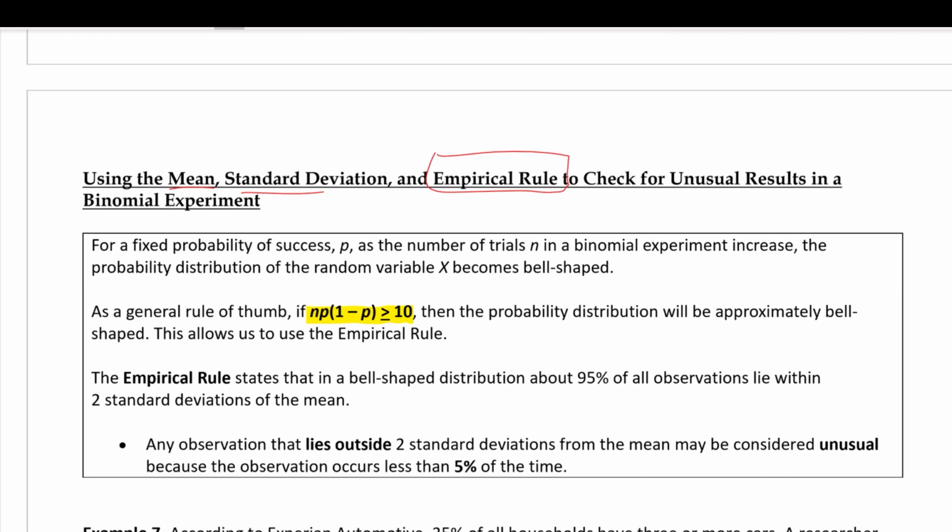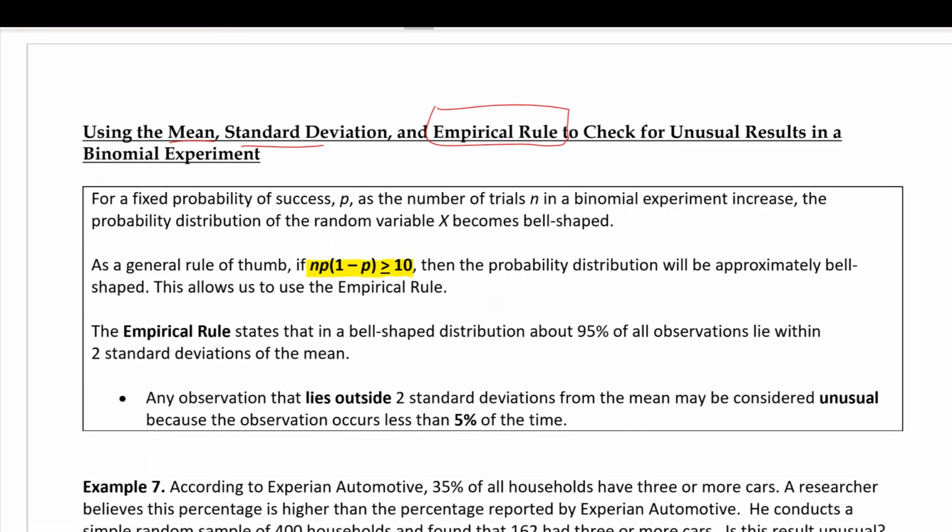If we know the n and the p, we can calculate this quantity, and if it's greater than 10, then we can use the empirical rule, the 68, 95, 99.7% rule. Within one standard deviation, 68% of the data is there. Within two standard deviations, 95%, and within three standard deviations, 99.7%.